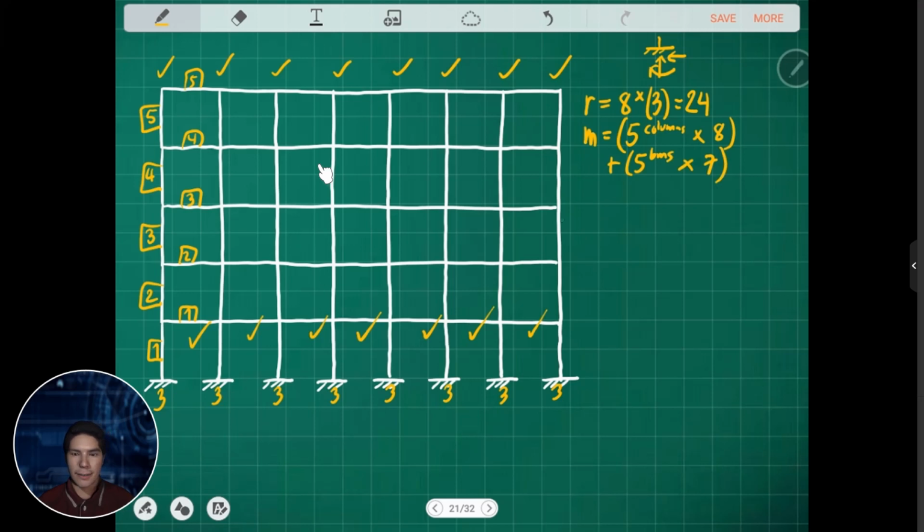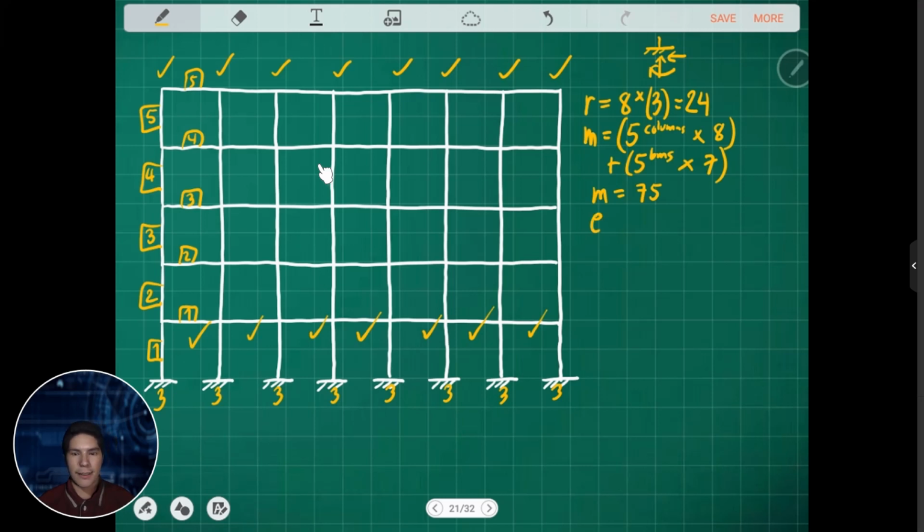So we get the total number of members. That is just 5 times 8 plus 5 times 7. So a total of 75 members. Or you just need to count every element dito, every line element dito sa building frames.